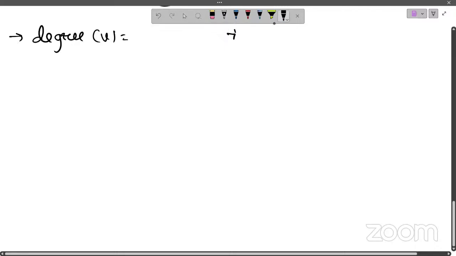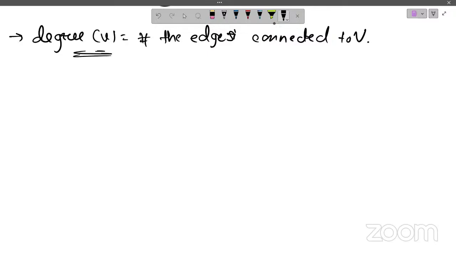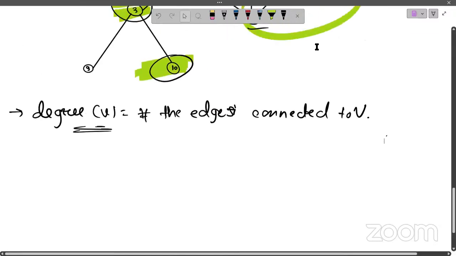Suppose I have five edges, that means there are five vertices connected to the vertex V. That's basically the number of edges connected to V. Ma'am, if there are four vertices, then there will be three edges. Yes, number of edges, number of vertices, degree, all these things I will describe in the next lecture.